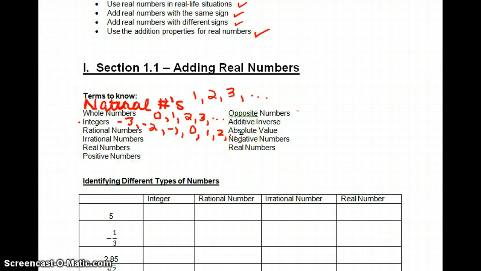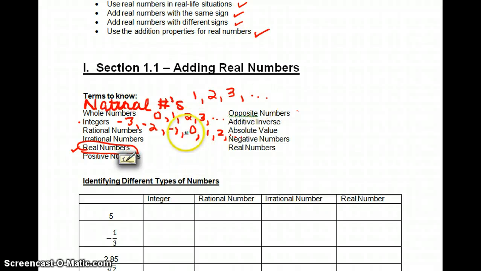So I've introduced you to the basic numbers that make up what's known as the real number system, right here, the real number system. All of the group of numbers that I've talked to you about so far are part of the real numbers.